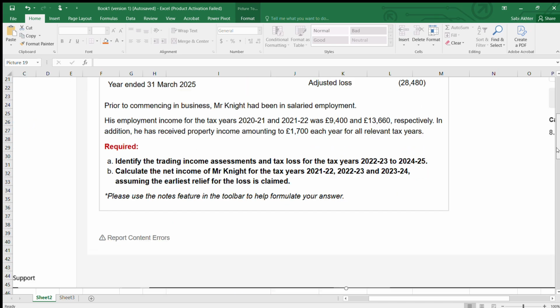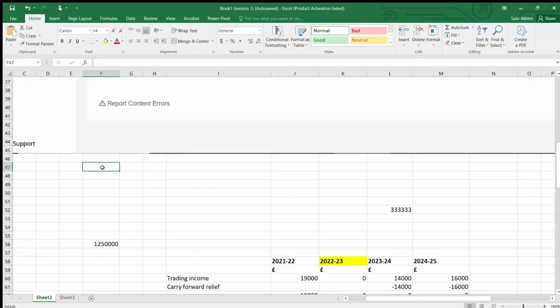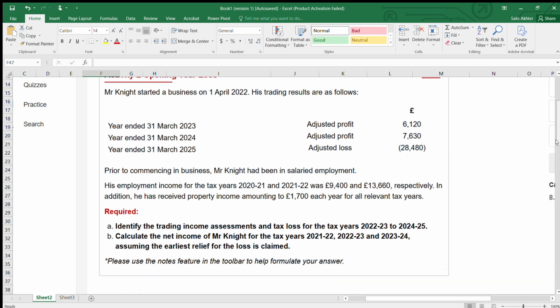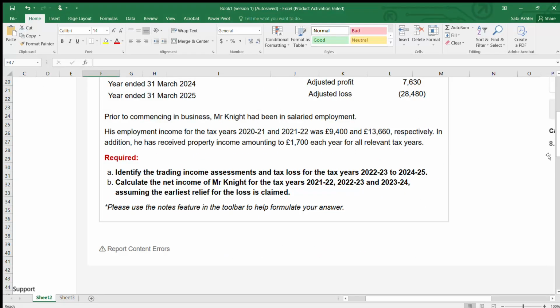Let us do that. I'm not writing it, but I will just show you. It is 6,120 for 22-23, for 23-24 it is 7,630 and for 24-25 it is 0. The trading income. Those are the three things you have to show.